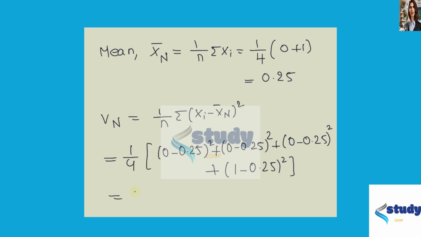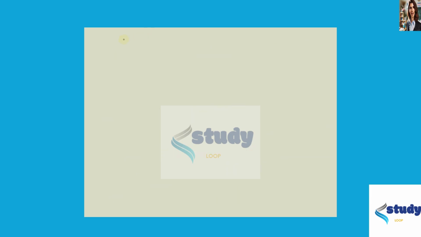So which is equal to 0.75 divided by 4, that is 0.1875.